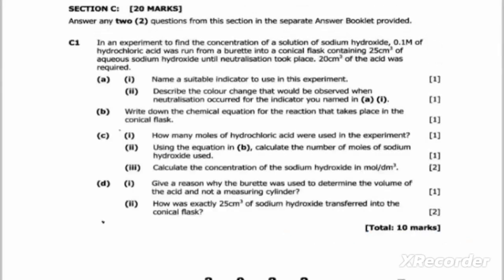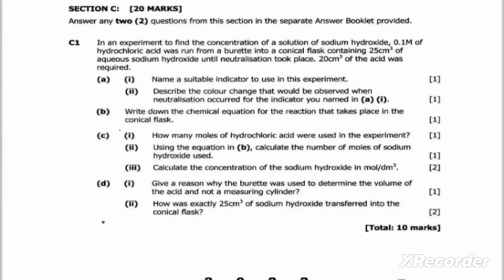Let us come back to the main question, which is question C, question C1D, Roman numeral 1. Give a reason why the burette was used to determine the volume of the acid and not a measuring cylinder.